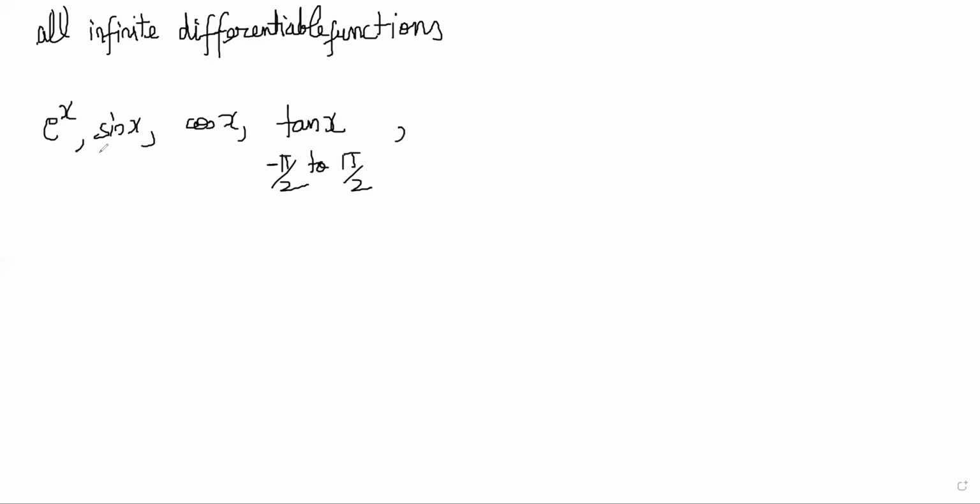So you can restrict yourself to certain domains for certain specific functions, but for these functions there is no problem. Even tan inverse x when x is between -1 to 1, and so on. So different Taylor series expansions you can create.